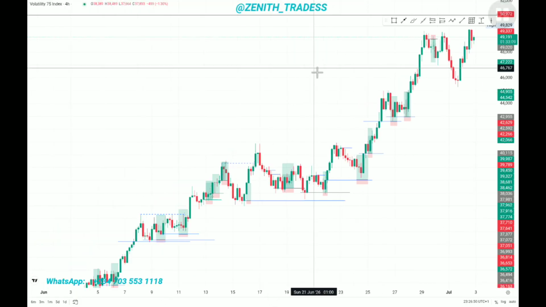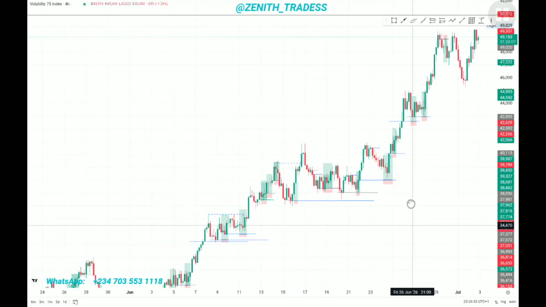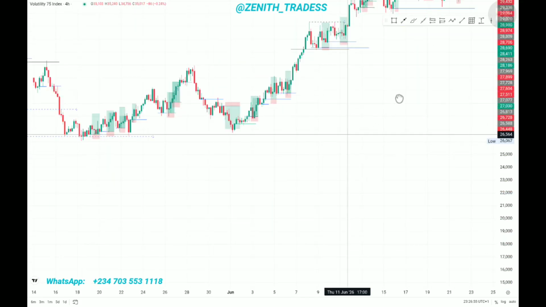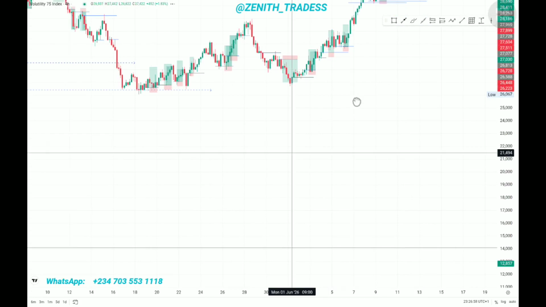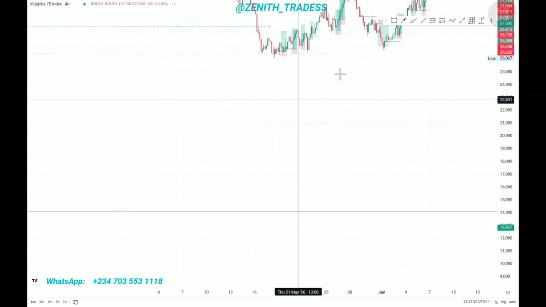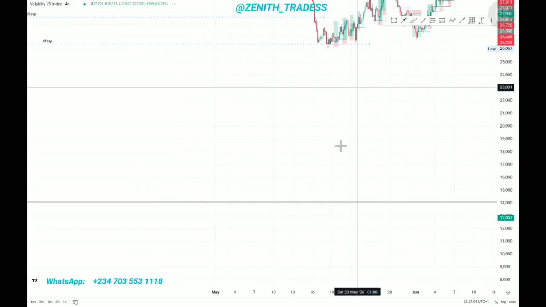Yeah, so that is that about the 4 expansion windows we have in synthetic indices. Now, you have been hearing me talking about reaction to institutional demand, reaction to institutional supply.